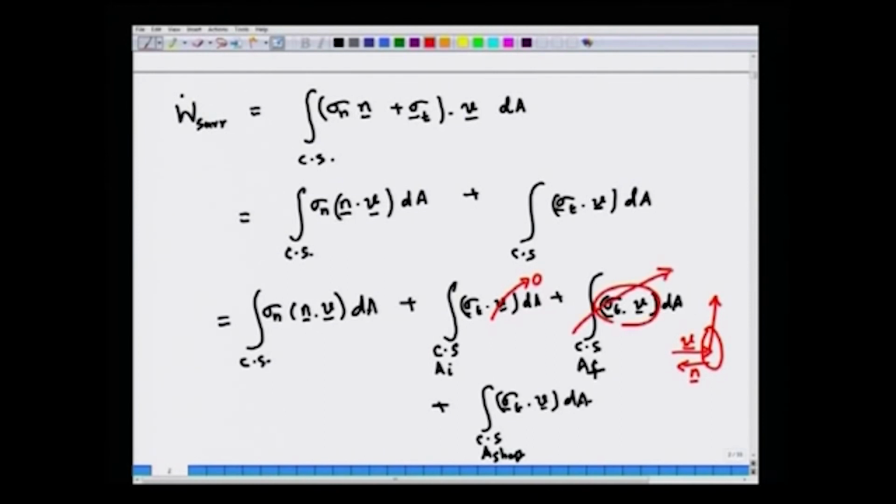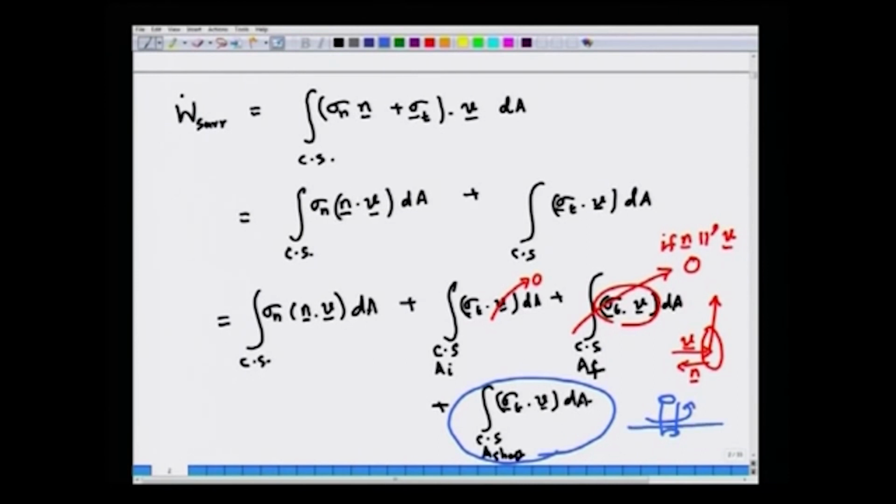If V is perpendicular to the control surface, that is, if n is parallel to V, then the velocity vector and the shear stress vector are orthogonal to each other. So, that is 0.